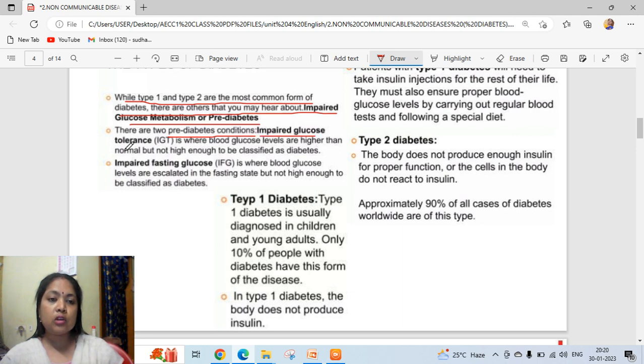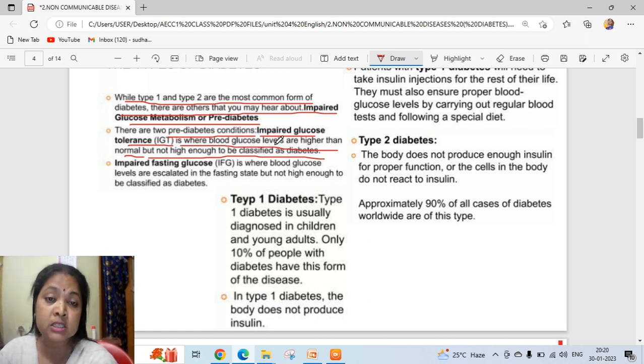Impaired glucose tolerance is where blood glucose levels are higher than normal but not high enough to be classified as diabetes, means the level of sugar is within control.